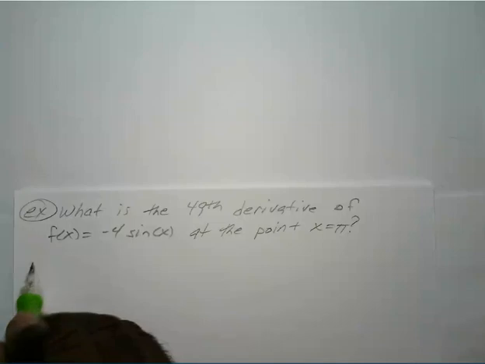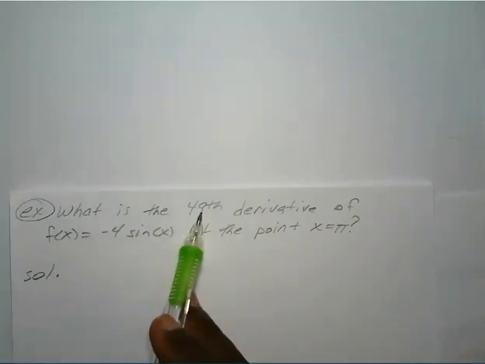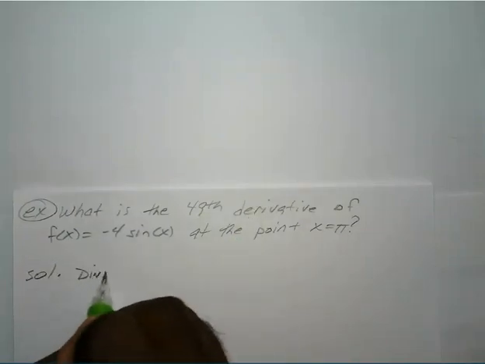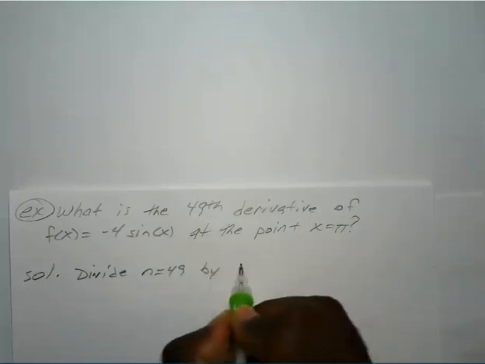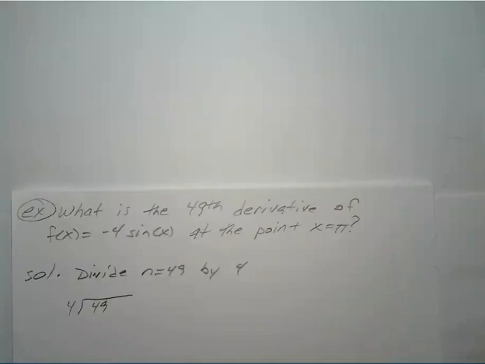All right, so remember your first step. You're going to divide your n by 4. So your 49th derivative, your n is equal to 49. So divide 49 by 4. 4 goes into 4 once. 4 times 1 is 4.